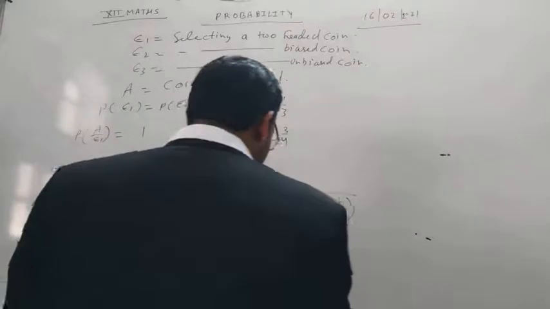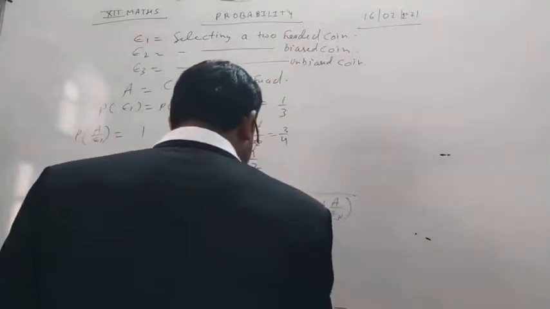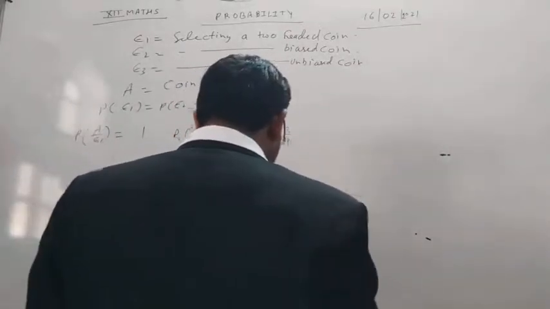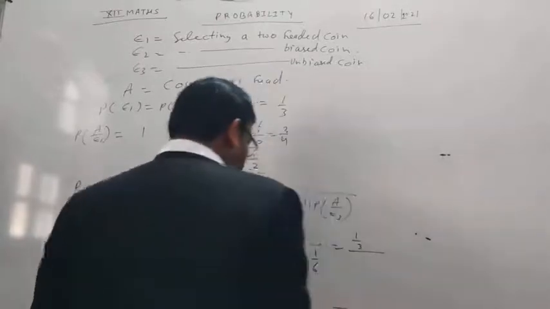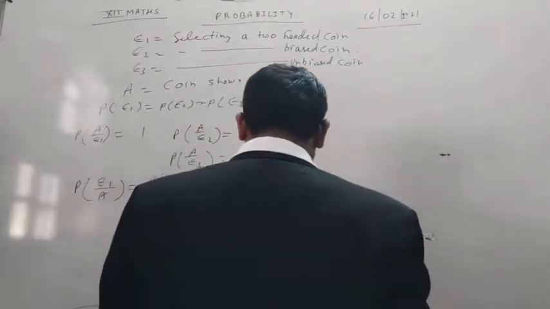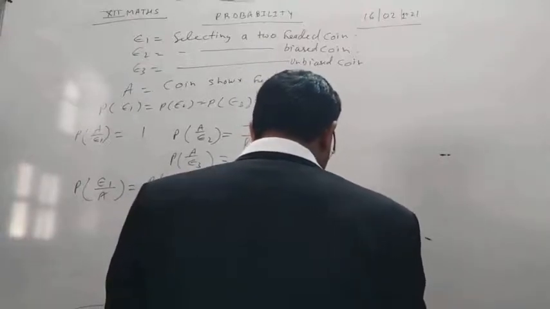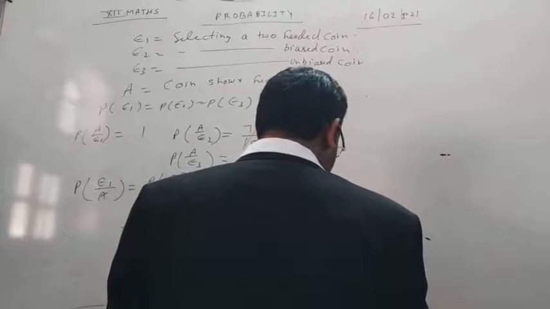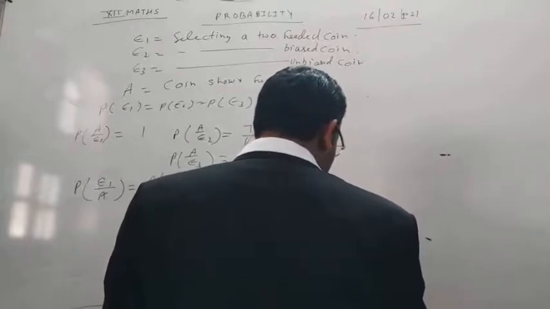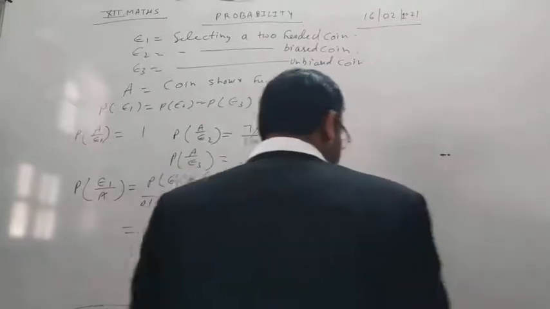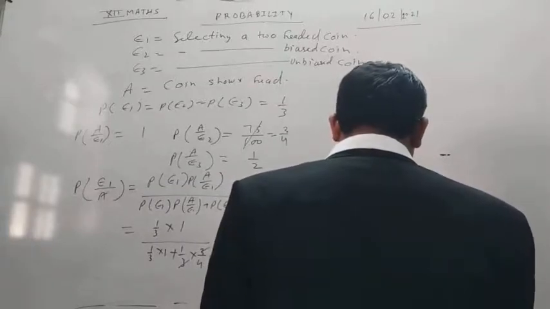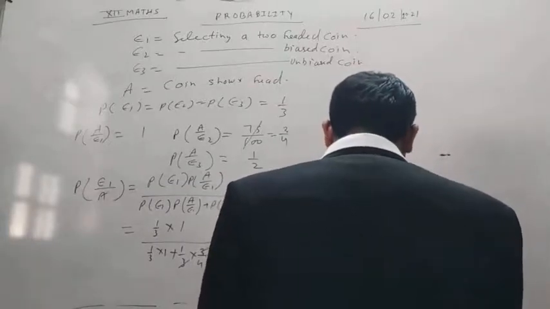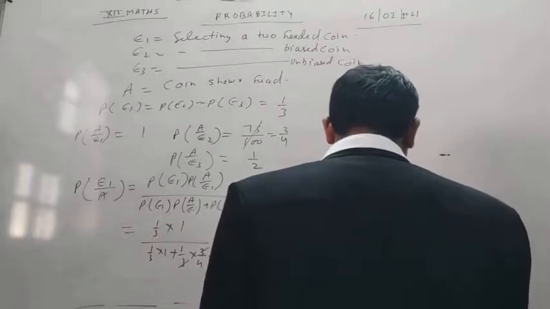The LCM is 12, so this becomes 4, 3 and 2 over 12, and the result is 4 by 9.